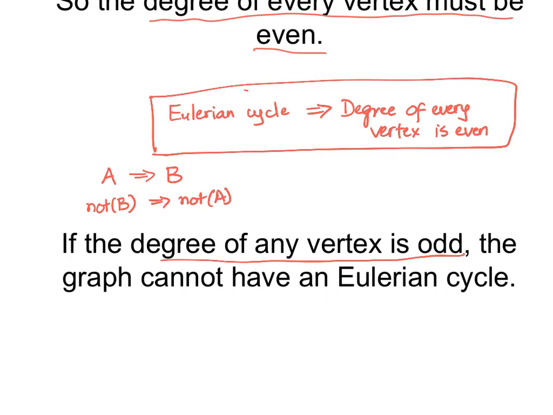And so if we have even a single vertex in the graph whose degree is odd, then we won't be able to follow this process of always finding an edge to exit from whenever we come to that vertex. If there is an odd number of edges incident on that vertex, then we are going to get trapped at that vertex at some point.